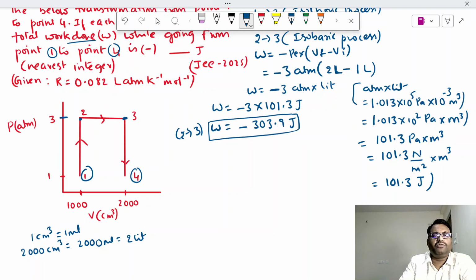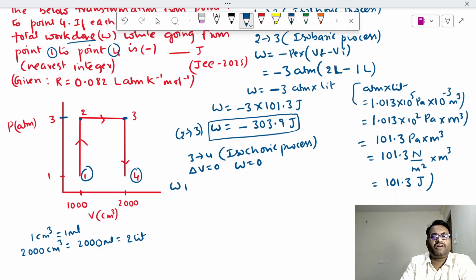Coming to the work done in process 3 to 4, again volume is constant, so it is an isochoric process. As it is isochoric, delta V is equal to 0, so W is equal to 0.